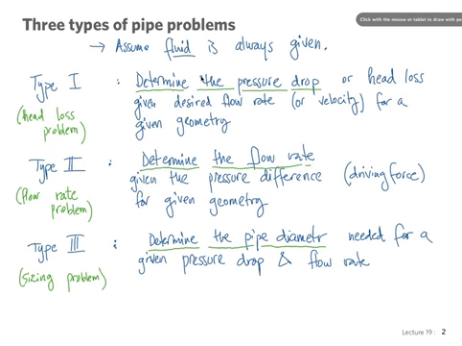That's quite easy, but not so for problems type 2 and 3. For problems type 2 and 3, actually, we are going to require some sort of iterative procedure. It's not directly from the Moody chart.